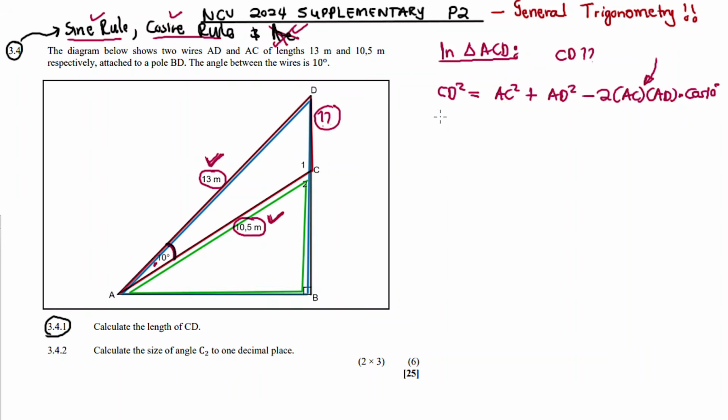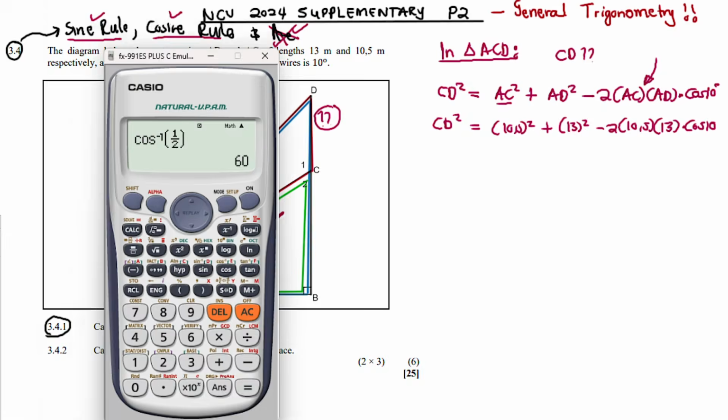Alright, so since I don't know what CD is, I'm just gonna say CD squared is equal to, what is AC? AC is given as 10.5 squared plus, what is AD? 13 squared minus 2 AC, that's 10.5, AD 13 multiplied by cos 10 degrees.